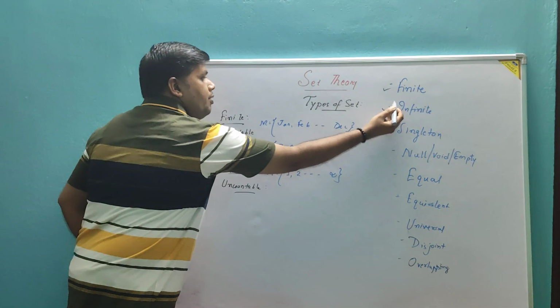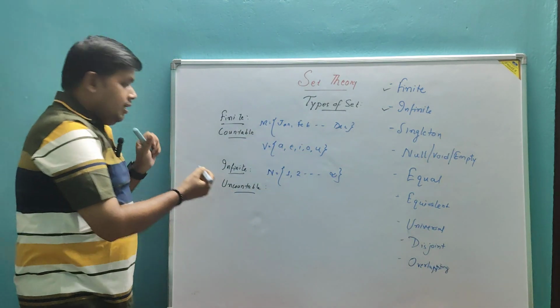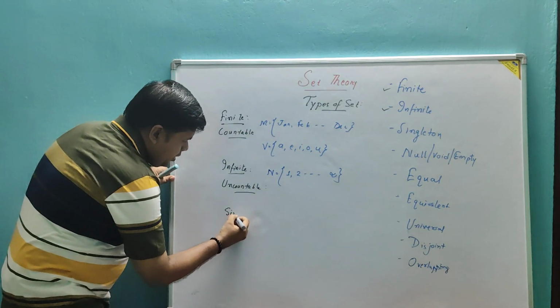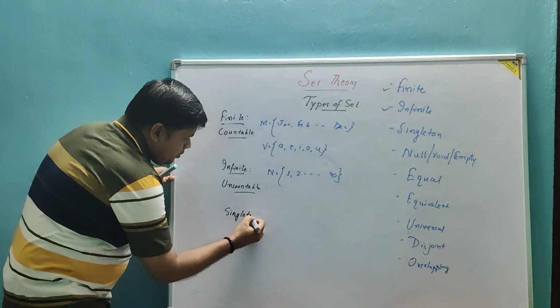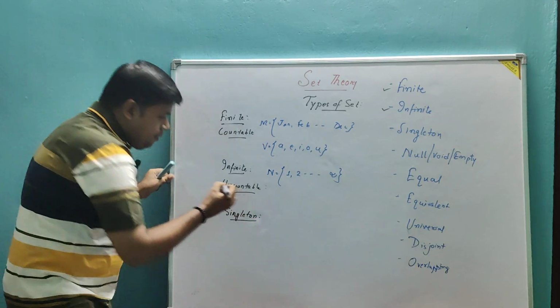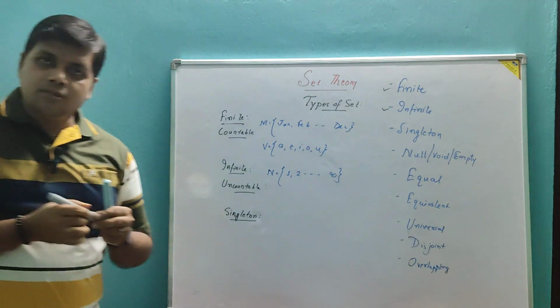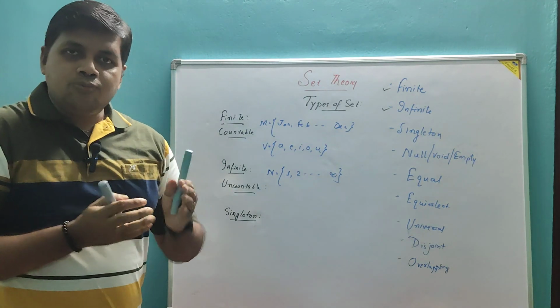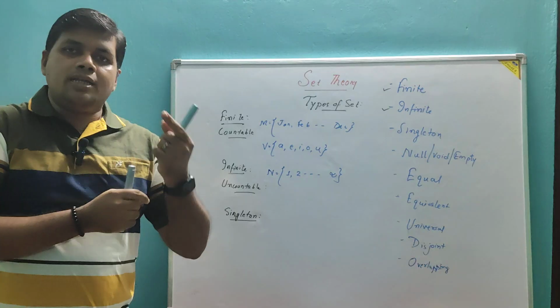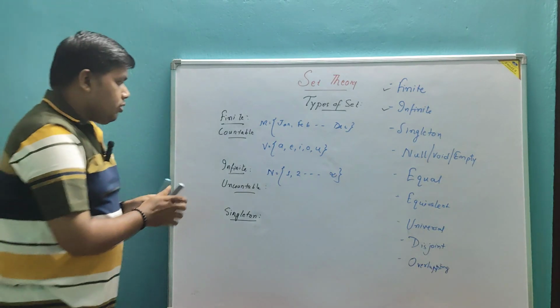The third category is the singleton set. The name itself suggests singleton. Singleton means the set will contain only one element, not more than one.